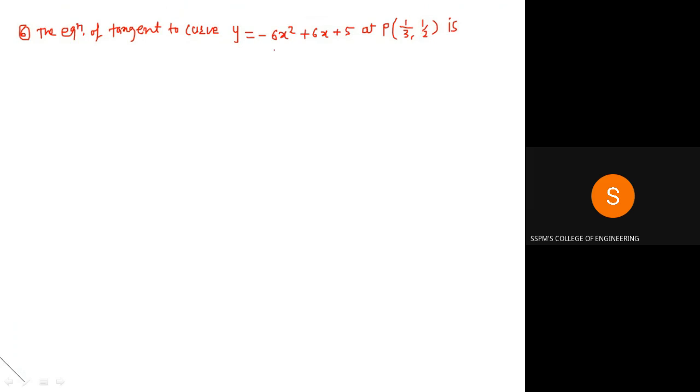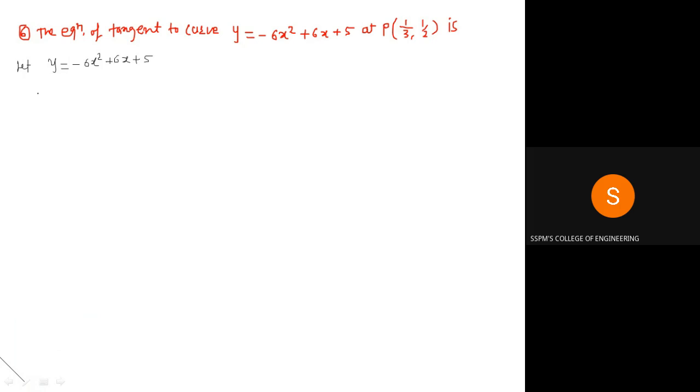So first you need to find the slope. We need to find the slope of that tangent to the curve at the point (1 by 3, 1 by 2). Alright, and how do we get the slope? Slope will be obtained by taking the derivative of y with respect to x. That is called the first derivative. So consider here the equation of the curve: let y equal minus 6x square plus 6x plus 5.